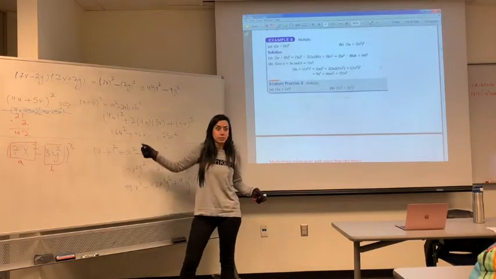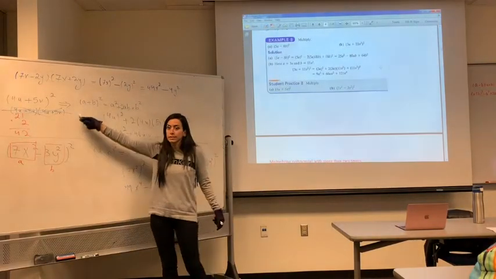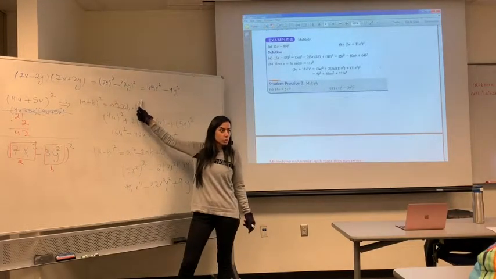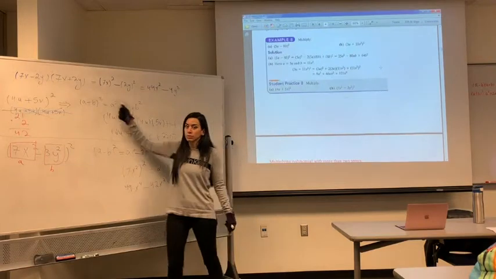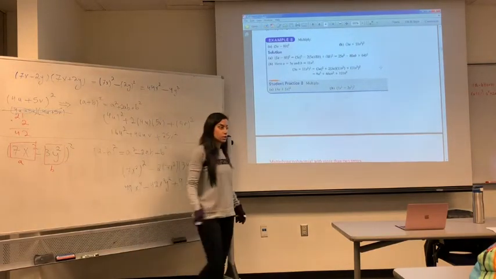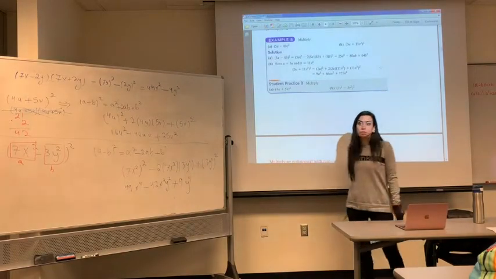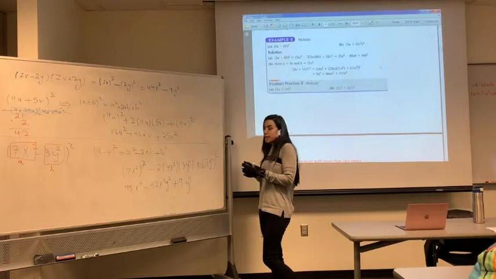Why am I asking you to use the formula? Because later we have to go from this side to the other side. If you use FOIL over and over, I cannot use this side to go to the other side and teach you the other section. So I want you to understand this and use this. Any question?